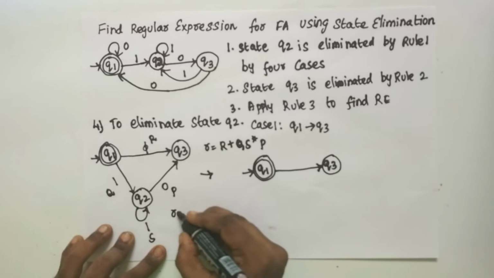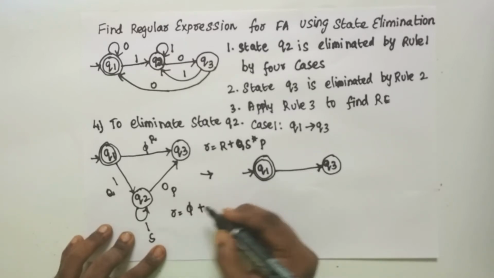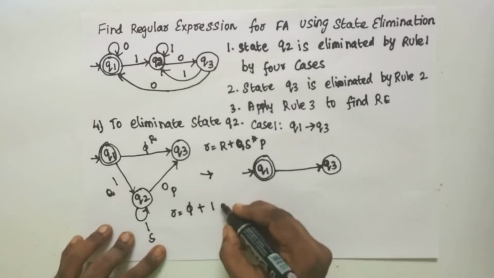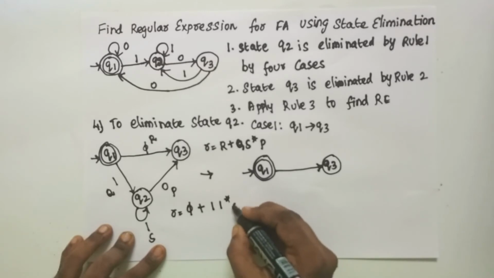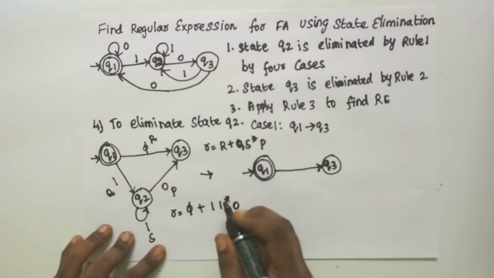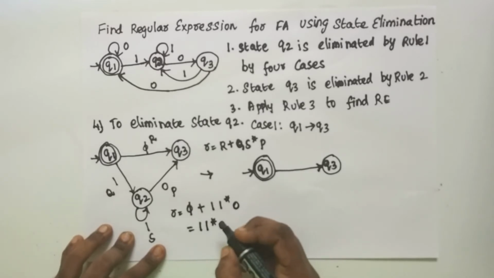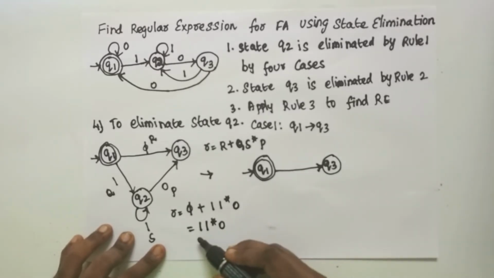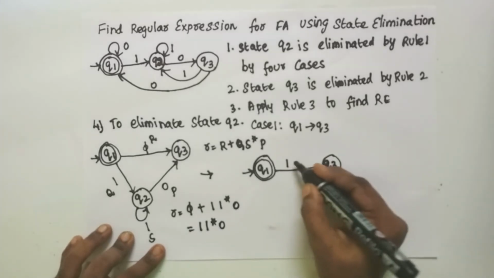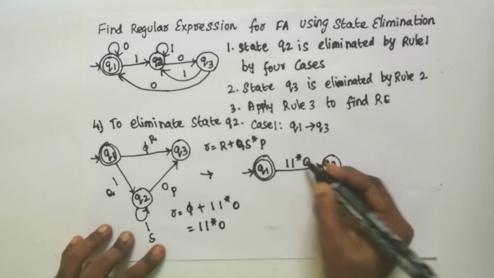So you will have R equal to pi plus Q is 1 into S star 1 star into 0. So pi plus R is R. So R is nothing but 1 1 star 0. But you don't want to apply the minimization rule for 1 1 star. So the value will be 1 1 star 0.